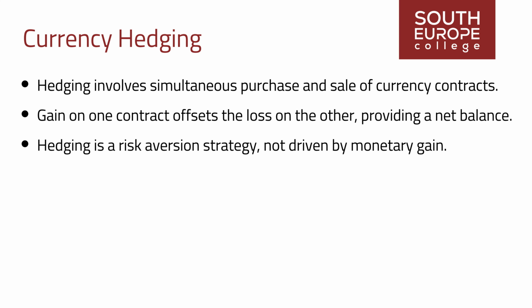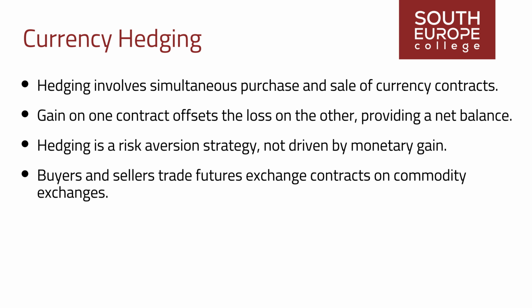Buyers and sellers trade futures exchange contracts, also referred to as futures contracts, on commodity exchanges open to anyone needing to hedge or with speculative risk capital. In fact, the exchanges encourage speculation because speculators help create markets for buyers and sellers of futures contracts.